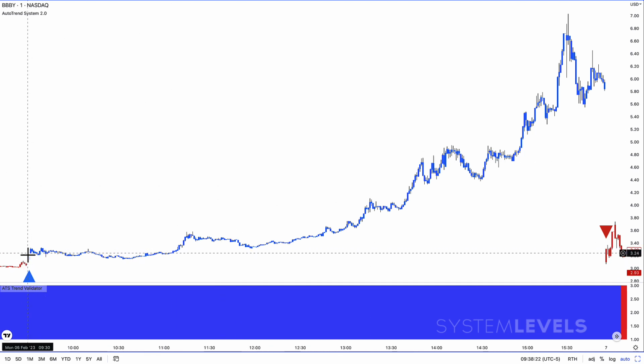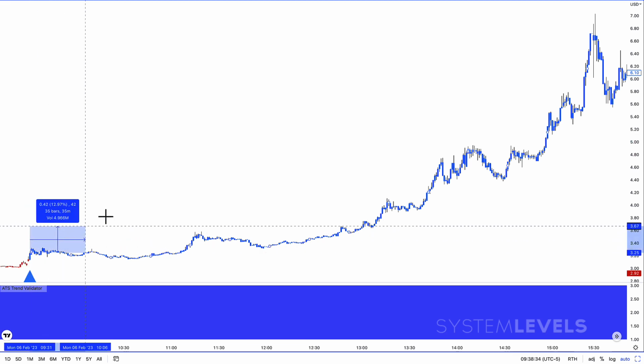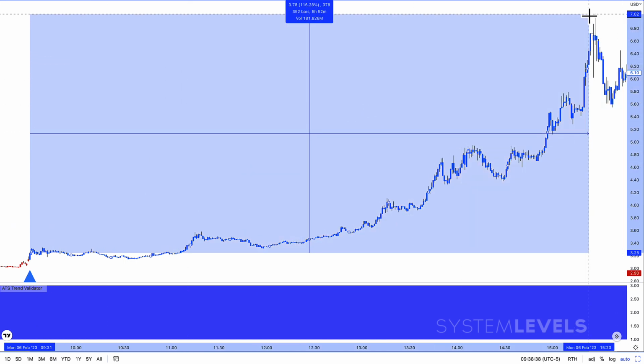Basically, it climbed from, let's see what it is here. We got the signal at the bar's close, so that was when it was trading at $3.25, and it reached a high of $7.02. I mean, that is just crazy. That is insane.